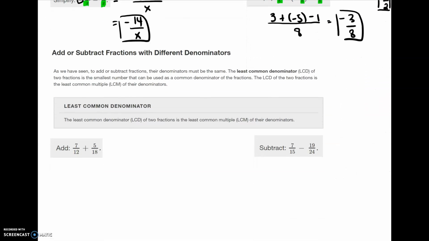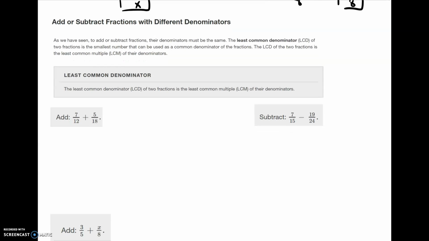Now, if they have different denominators, what we're going to have to do is find the least common denominator. The least common denominator of two fractions is the smallest number that can be used as a common denominator for the fractions. Essentially, we need to try and find a number where if we were to multiply both denominators, I would get that number.